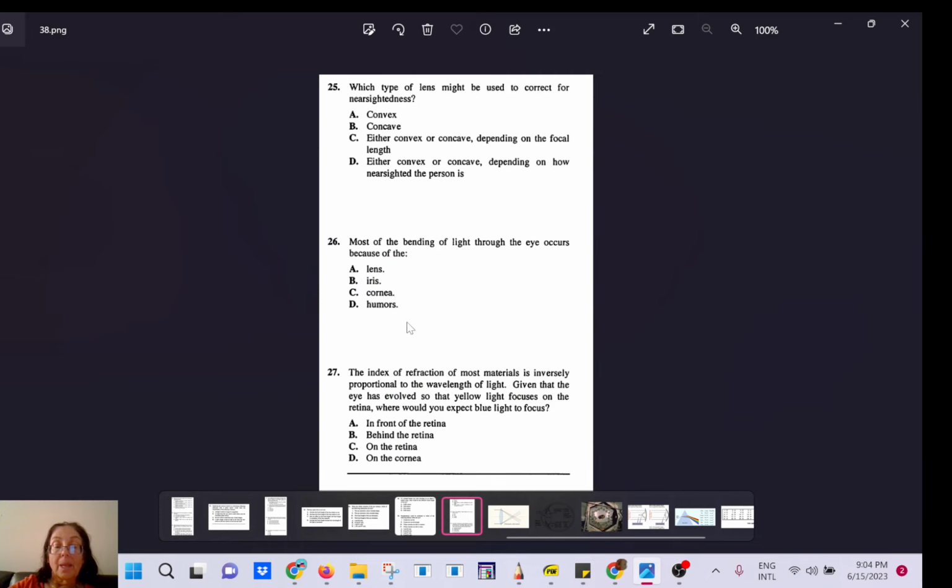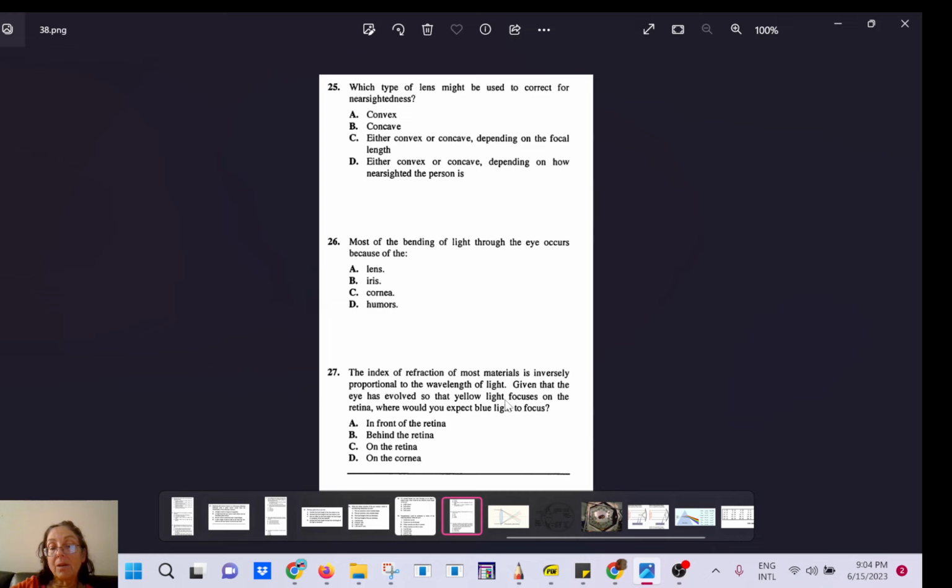Yes, C. So here you have to read the question. The index of refraction of most materials is inversely proportional to the wavelength of light. So if the wavelength is small, then the index of refraction will be large. That means there will be more refractive power.